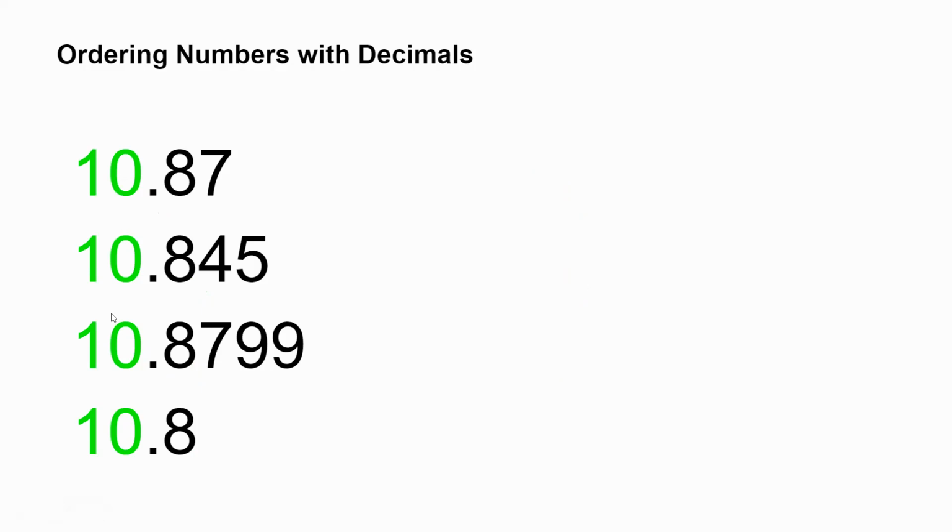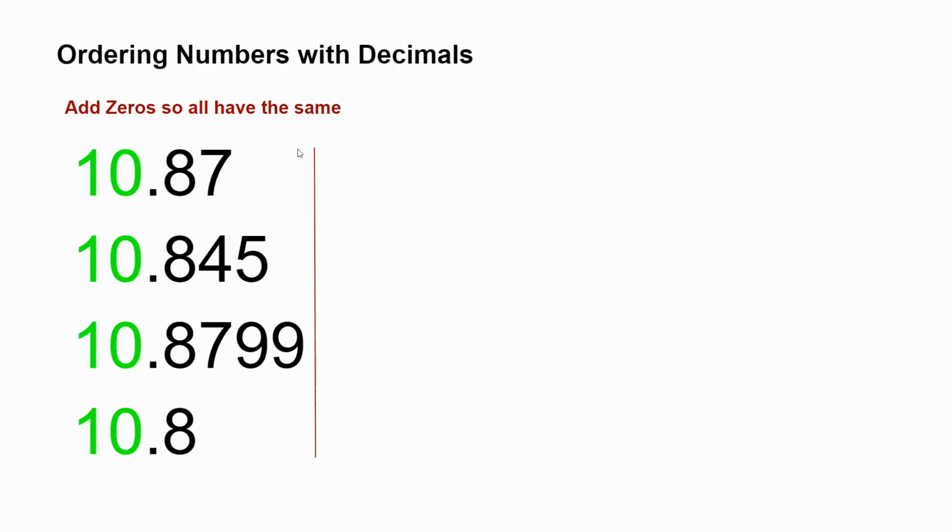Here we have 4 decimals, and we can see that the whole number part is the same, but the decimal values are all different. We have 4 here, 3 here, 2, only 1 in this number. What I recommend in this case is to add zeros so that they all have the same number of values after the decimal point.